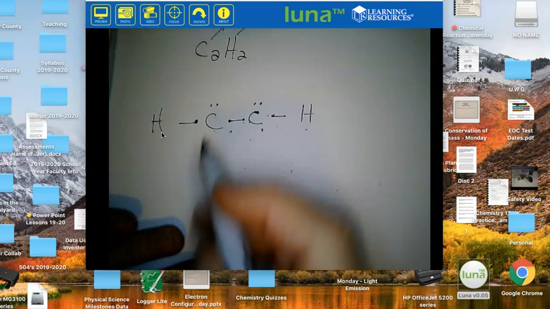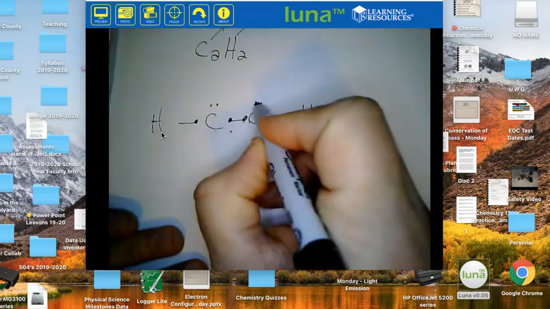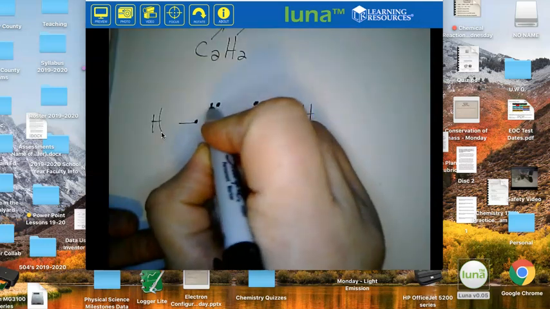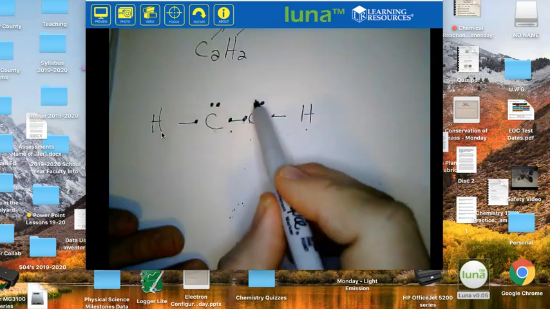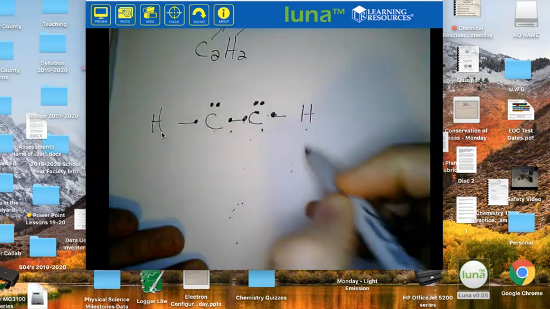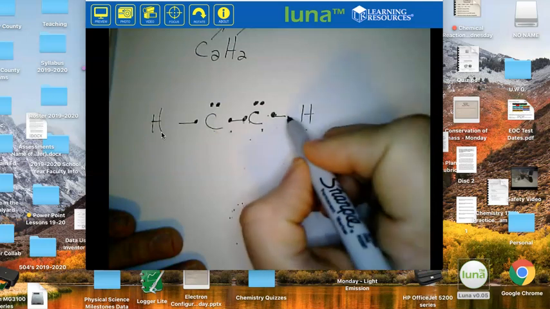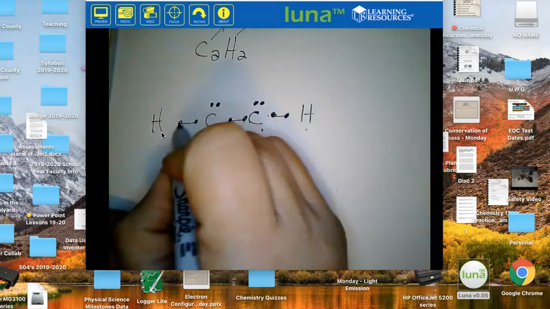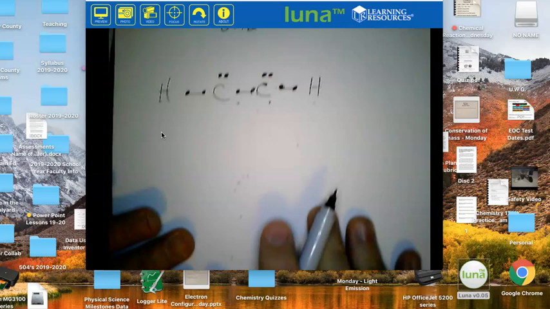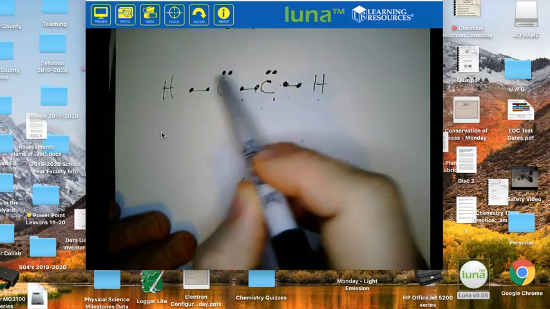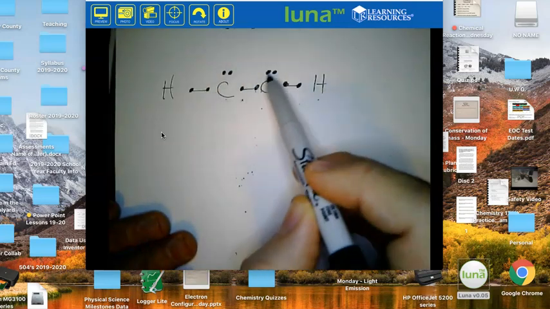I'm going to make them big so it's obvious. So 4, 4, and then here's an electron for hydrogen, there's an electron for hydrogen. Obviously we have 2, 4, 6 around this carbon, and then 2, 4, 6 around this carbon. So that's no good. We need 8 around both of them.